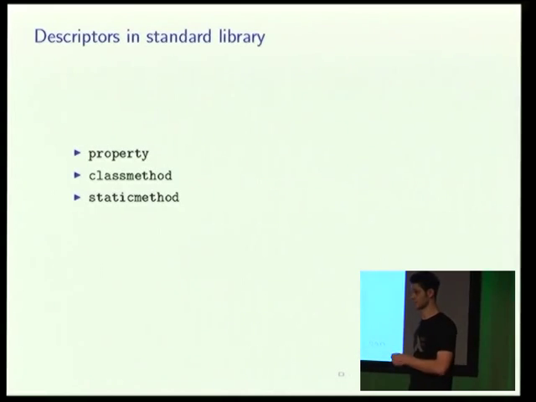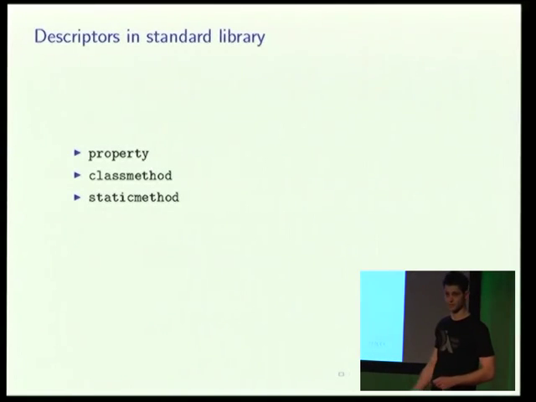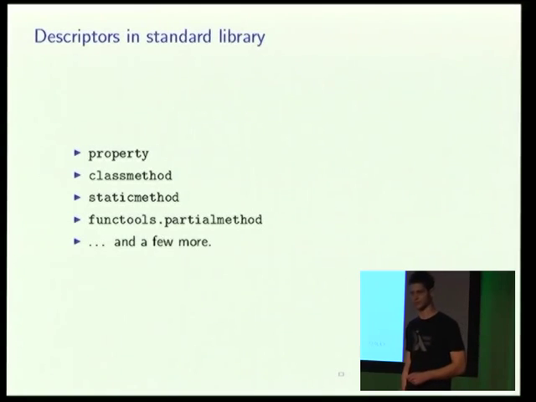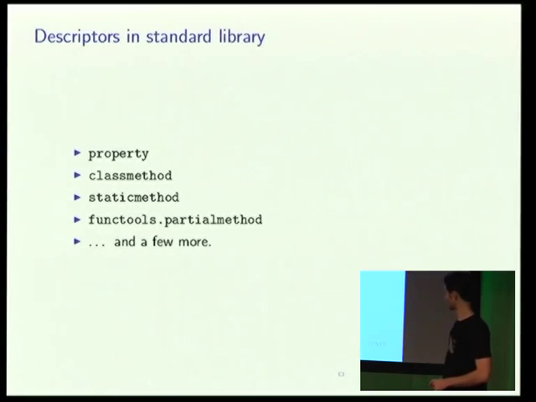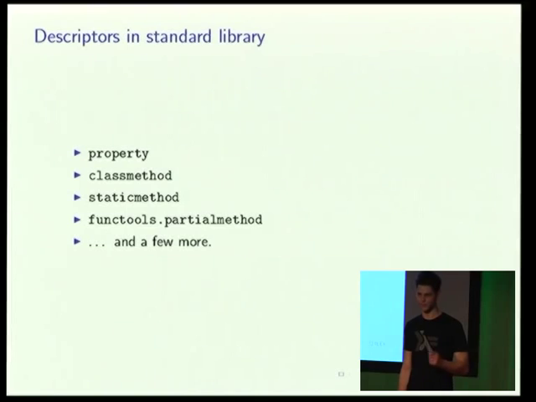And with staticmethod, you just throw it out, do away with the invocant argument altogether. These are also implemented using descriptors. There's also functools.partialmethod and a few others. But those three at the top are certainly ones that most Python programmers are familiar with, but they might not have been aware that under the hood, they were actually using descriptors.